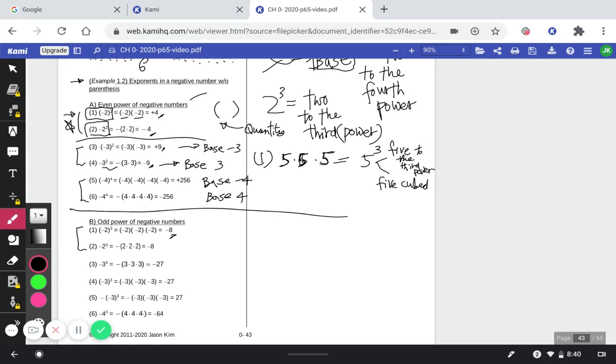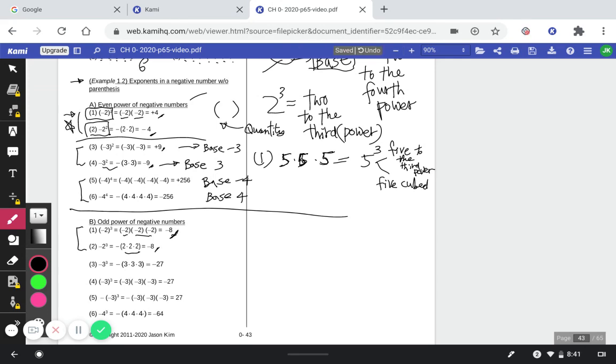But if you see number 2, how do you read number 2? Negative 2 to the third power, which means negative of 2 times 2 times 2 in quantity. So it becomes negative 8. So in number 2, the base was 2, compared to number 1, where the base was negative 2.